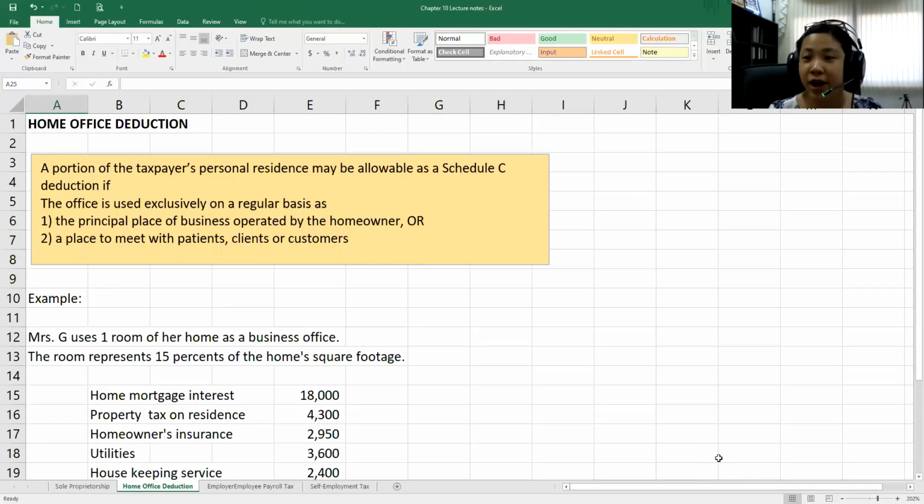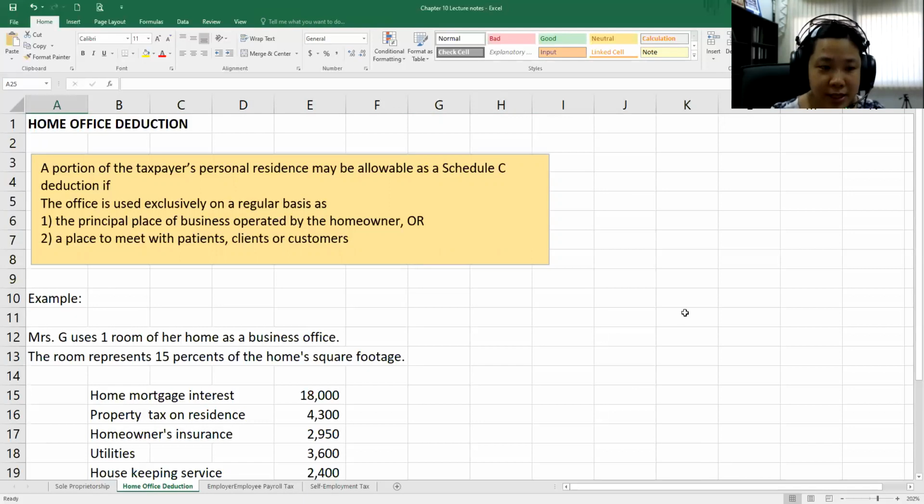So, for example, I use a room at my house as the office to meet with my patients. In this case, I will be able to deduct a part of my home expenses for the business.